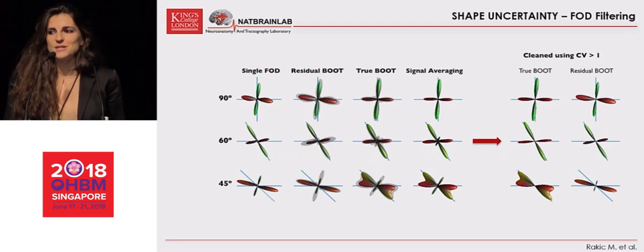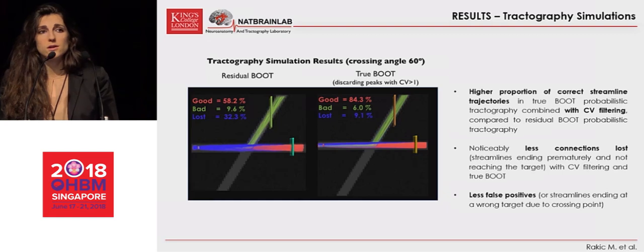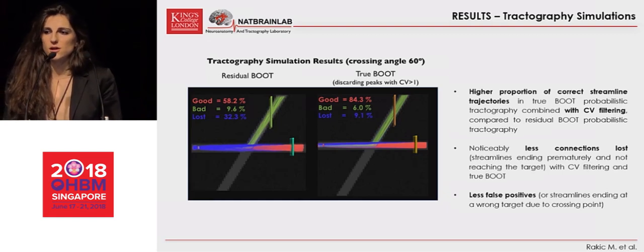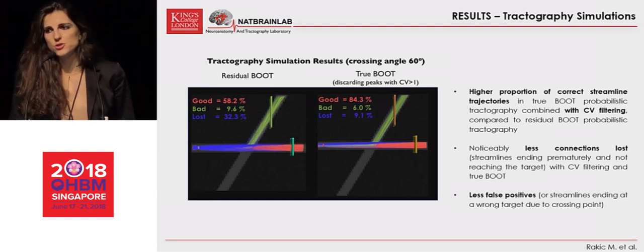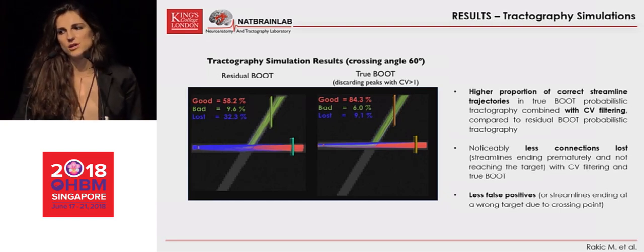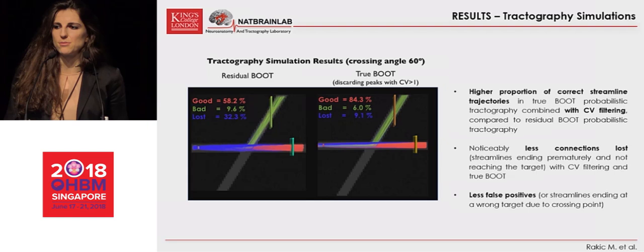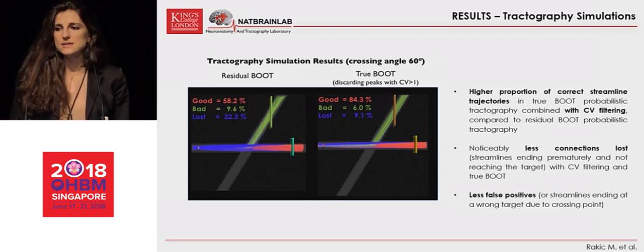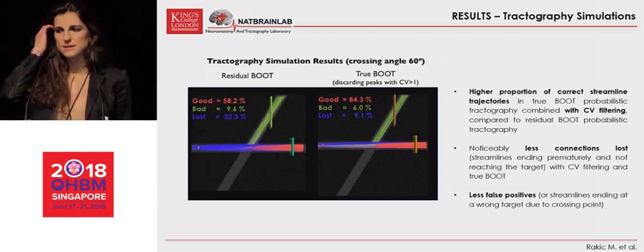We also confirmed this with the tractography simulations using the probabilistic tractography algorithms based on residual bootstrapping and then true bootstrapping combined with CV filtering, and we see there's a much higher proportion of correct streamline trajectories with true bootstrapping and CV filtering, and fewer connections lost, which are represented by the blue streamlines here.